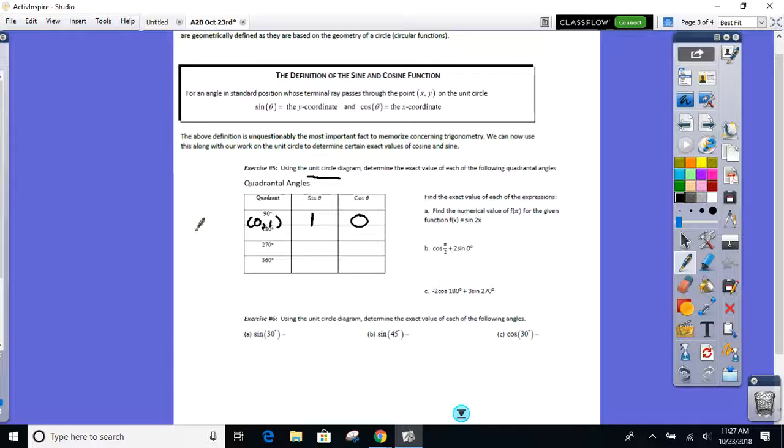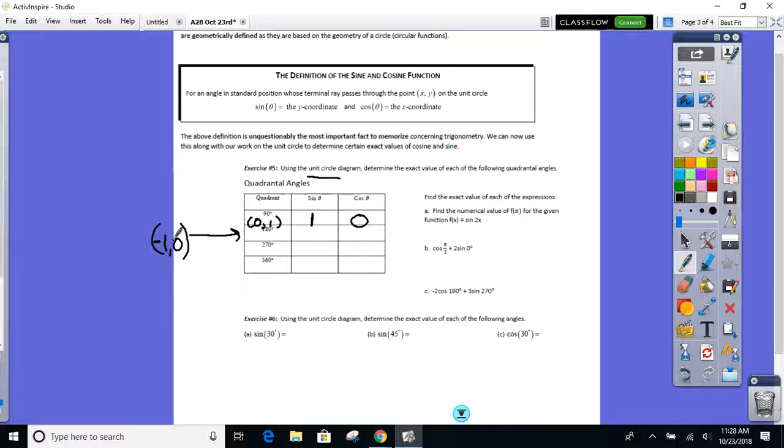What's the coordinate at 180? So I'm over here now on the unit circle. 90, 180. What's my coordinate at 180? -1, 0. So what should be my sine? Which coordinate do I take for sine? X or y coordinate?